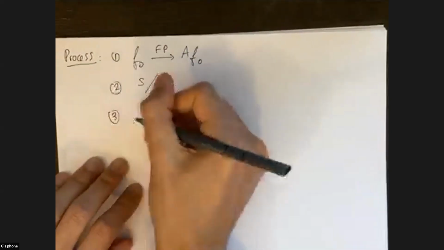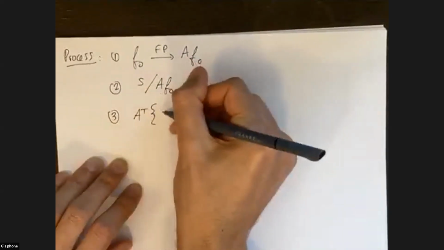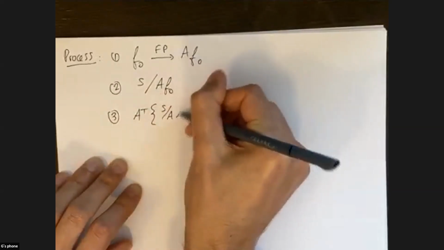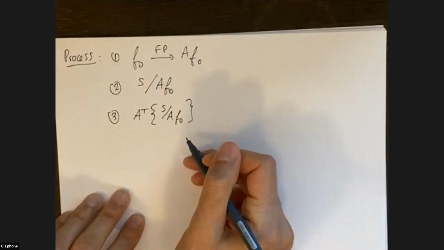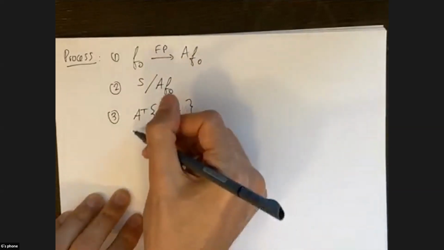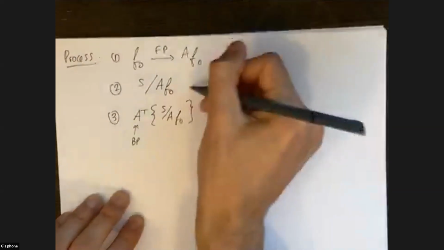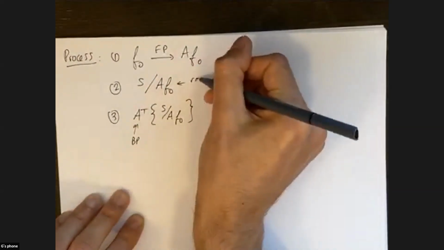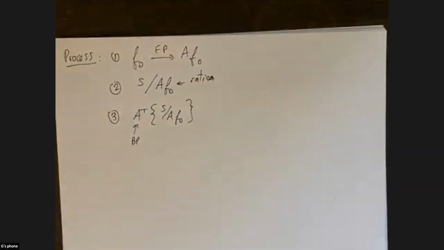Then 3, we're going to apply the back projection to this. This is bringing the error back into the image space by back projection. So this is a back projection operation here. This is just a ratio.